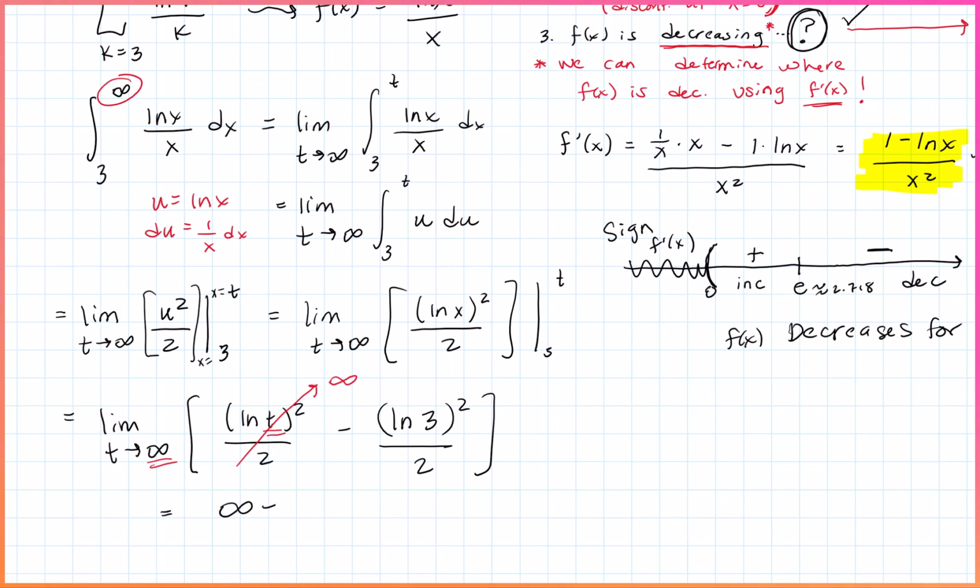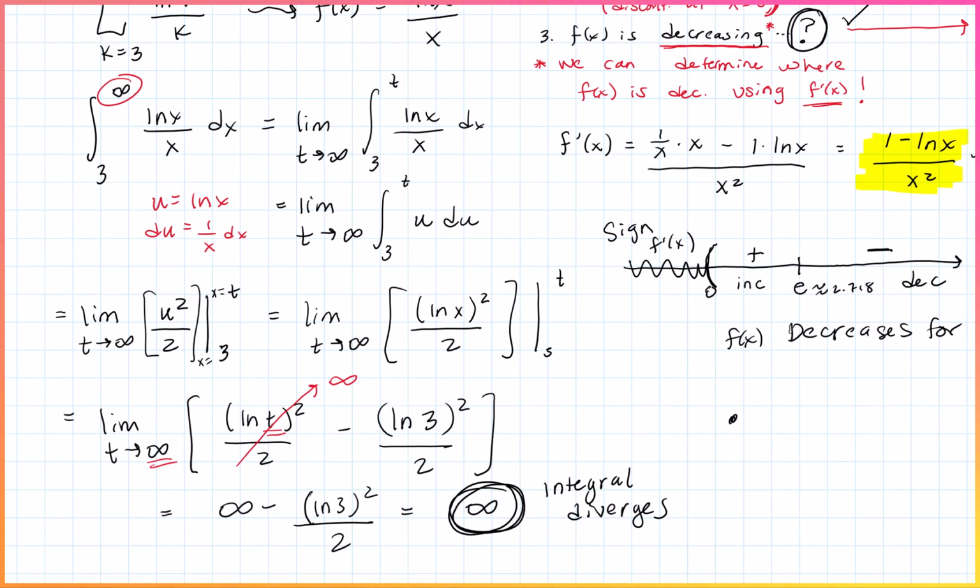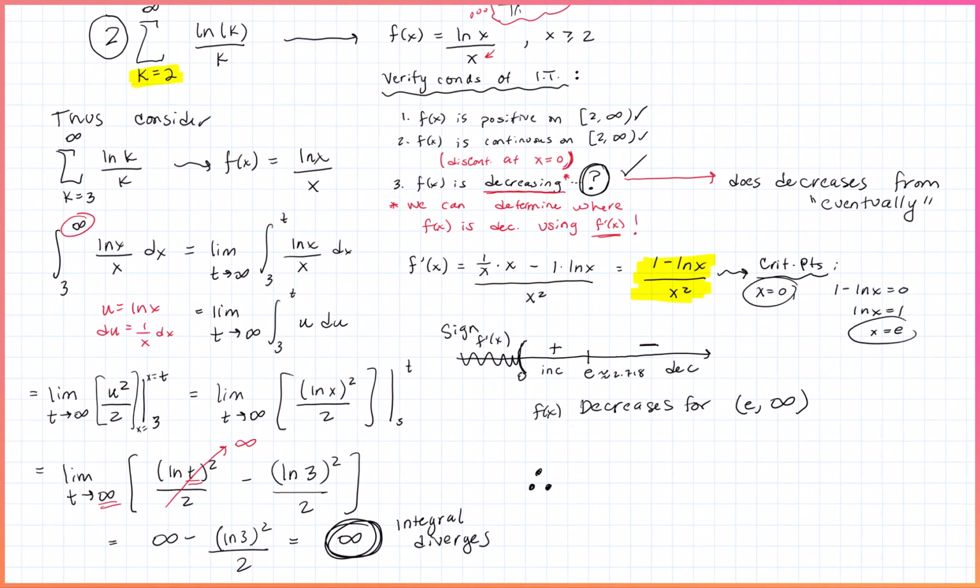And we do have infinity minus whatever this number is, doesn't really matter because we're taking it away from infinity, and this is going to be infinite. So that means that the integral that we just looked at diverges. And if the integral diverges, therefore the series itself is diverging.